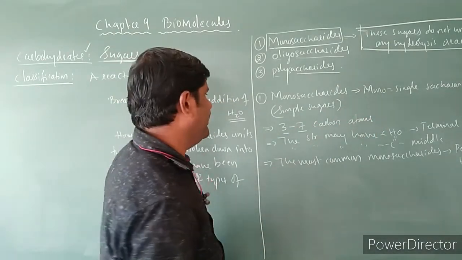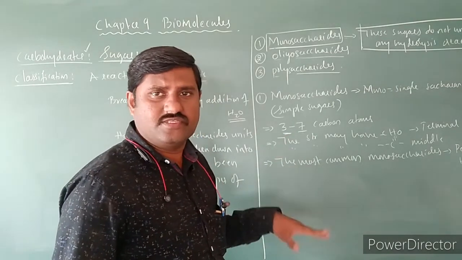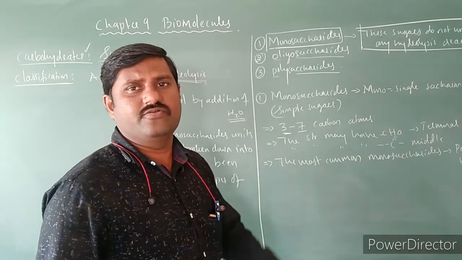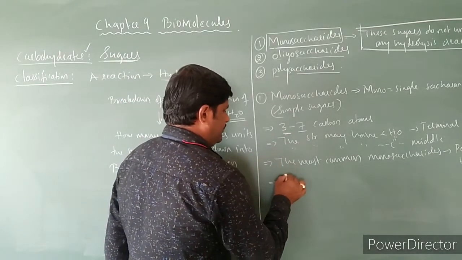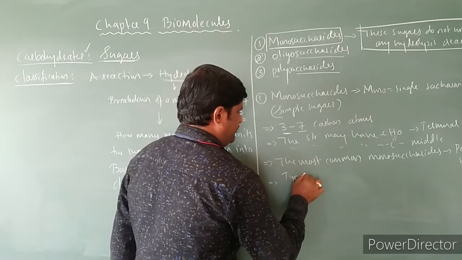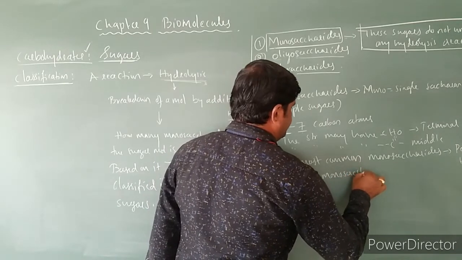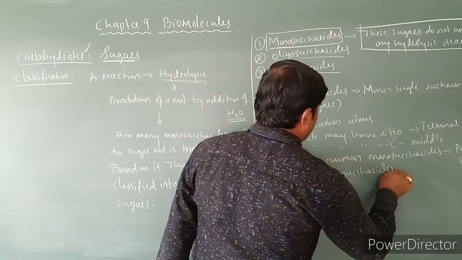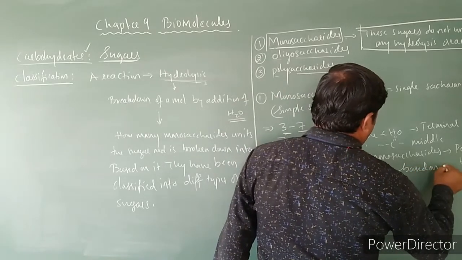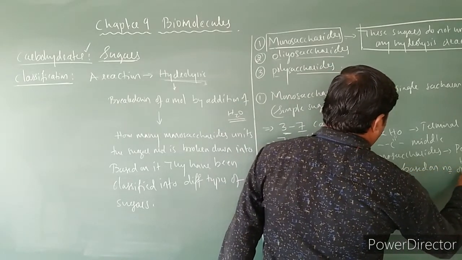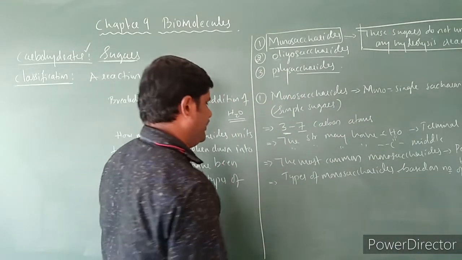Based on how many carbon atoms they contain, they have been named with different names. For example, see here, types of monosaccharides based on the number of carbon atoms.